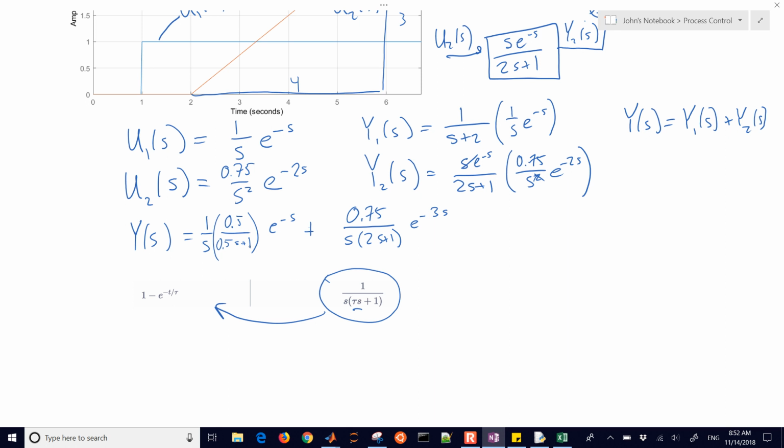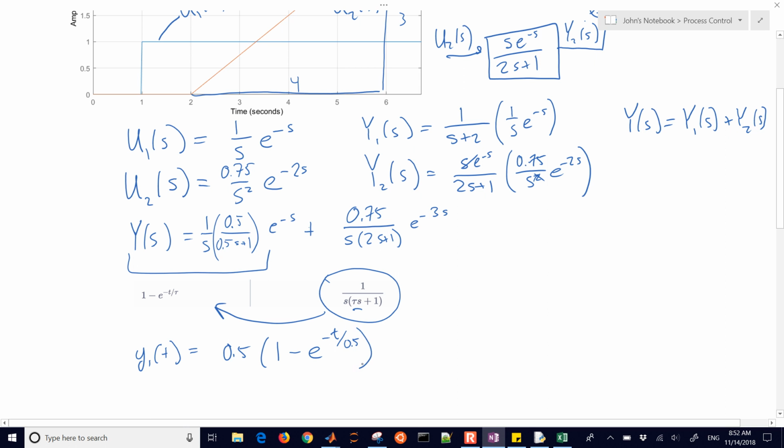0.5 can go out front, and then I'm going to transform this piece into the y1 of t. Okay, so that's going to be 0.5 times 1 minus e to the minus t over 0.5, and that's going to be 0.5 times 1 minus e to the minus 2t. Then I want to put in the time delay to that.